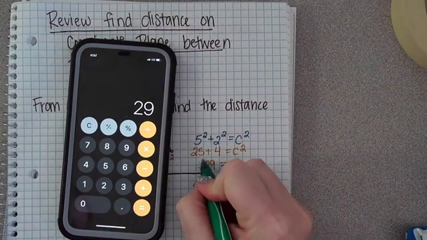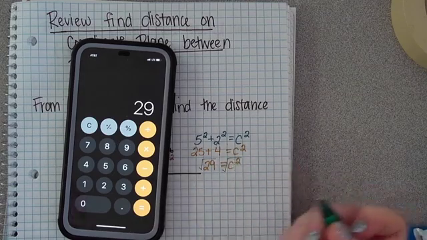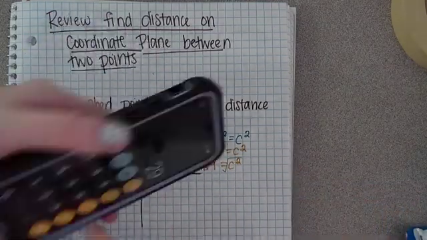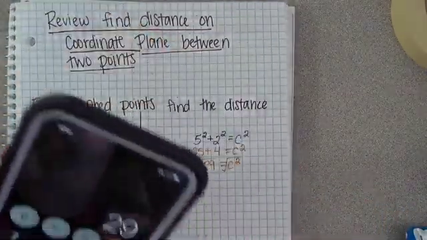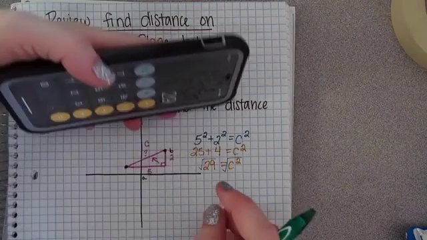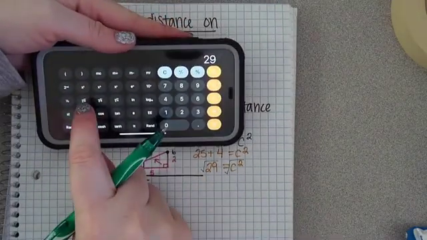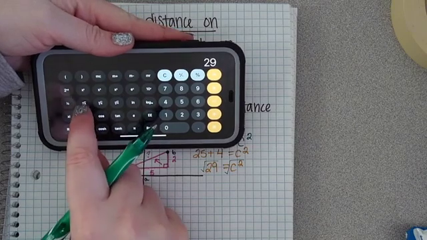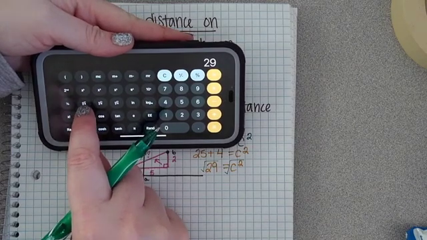You're going to find the square root. I'm going to just hit the square root button, which is right there below my finger.